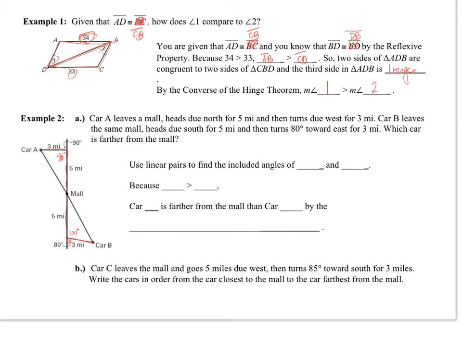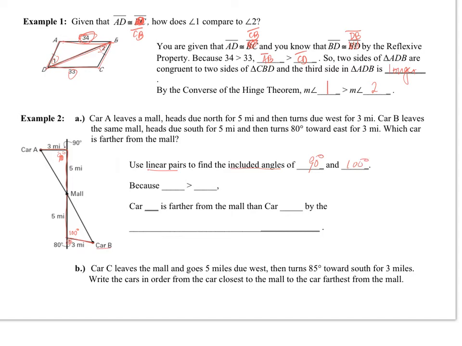So which car is farther from the mall? Use linear pairs to find the included angles. So when car A made the turn, it formed a 90 degrees on the outside. So the included angle will be 90 degrees for car A, and for car B will be 100 degrees.